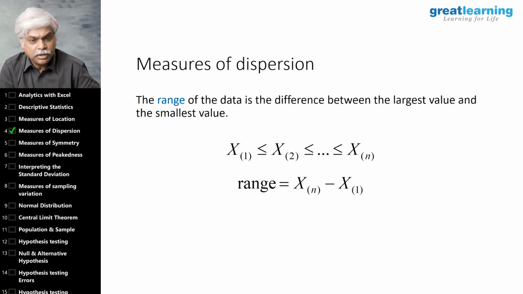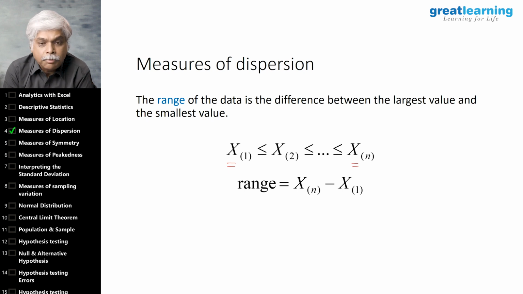As we have noted, x1 is the smallest number and x(n) is the largest number, and the range is simply the difference between the two. If there is no dispersion in the data, then the range is 0.